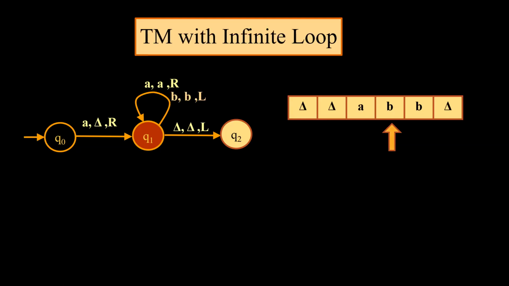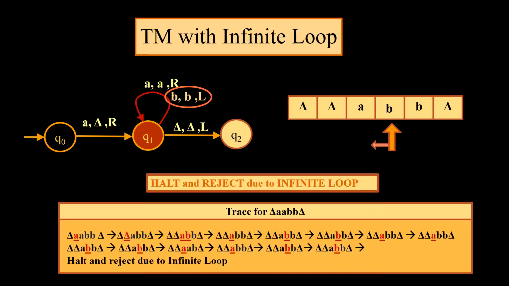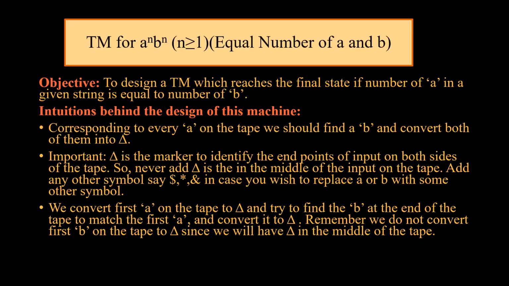It moves towards right, it moves to B. When it moves towards left, it moves to A. So this is a condition where it will go on moving in an infinite loop. So this is a state where we can say that it may be rejected or it may not be rejected. This is a TM with infinite loop.